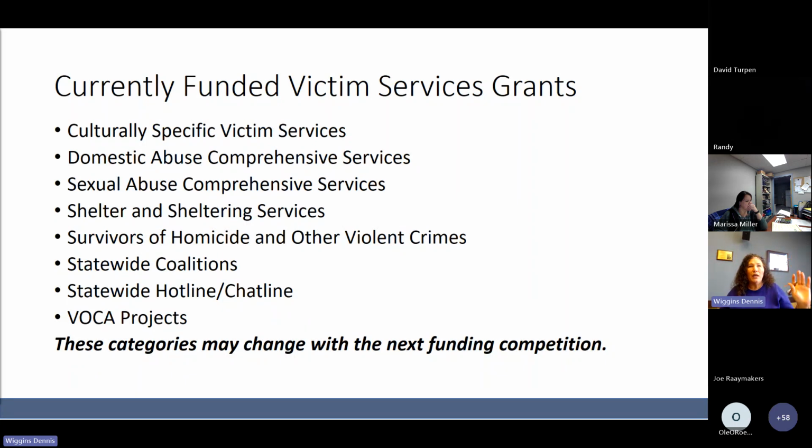So in each region, we make sure that we have domestic violence programming, sexual assault programming, survivors of homicide programming, and a sheltering program in each one of the regions in Iowa. And that way we make sure it's not clustered all in one part of the state. So we did that, or my predecessors did that, to make sure that victim service dollars were spread as evenly as possible throughout the state.